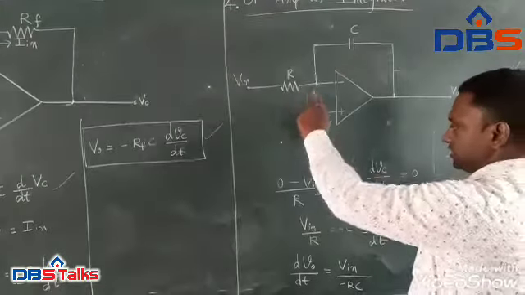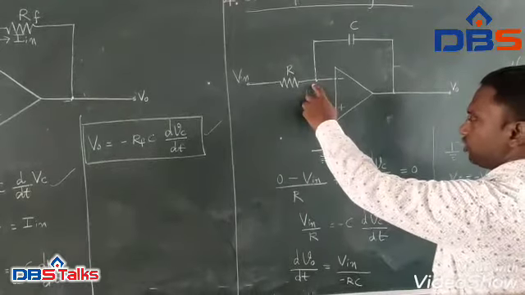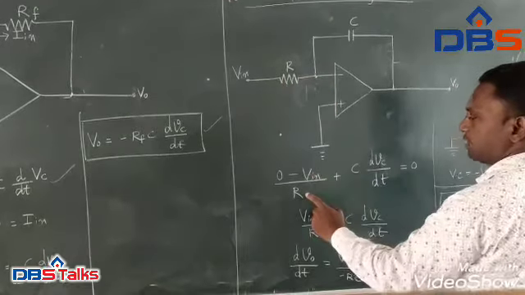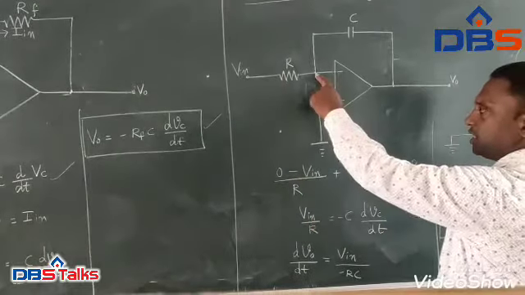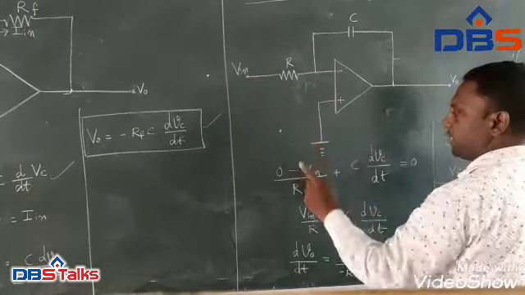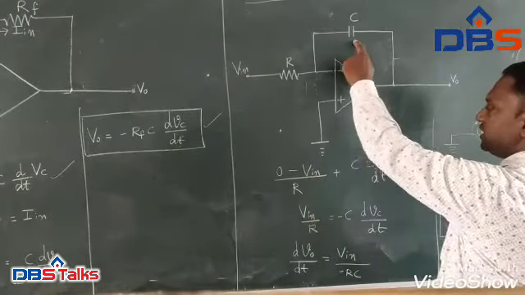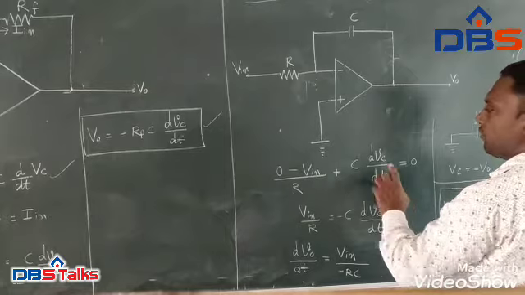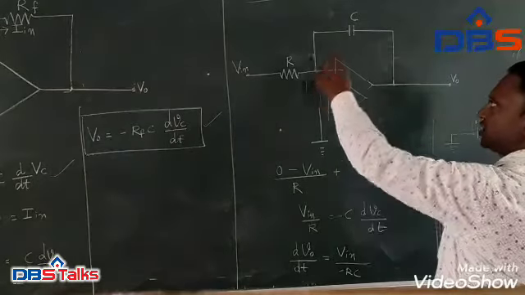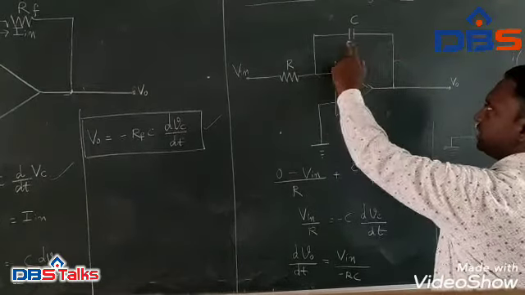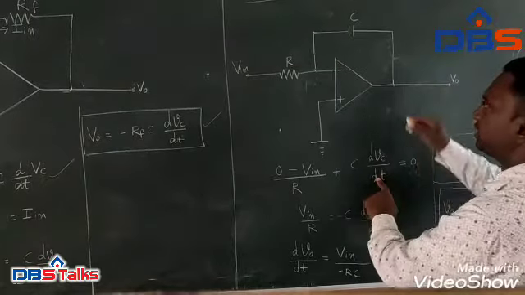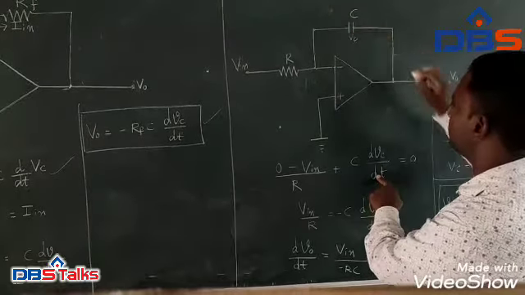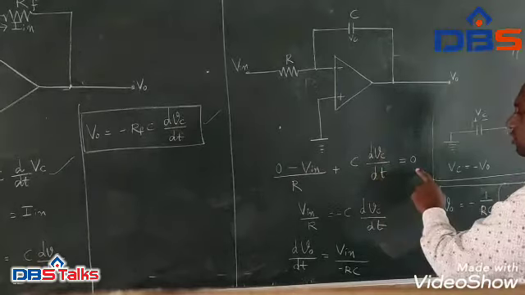Applying KCL at this terminal, 0 minus Vin by R plus C dVc by dt. This is the current passing through the capacitor.